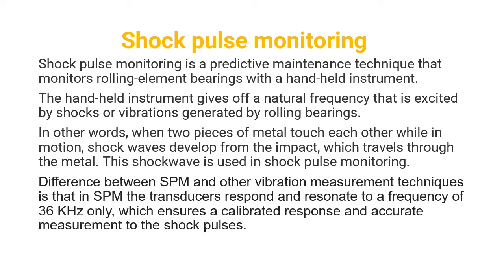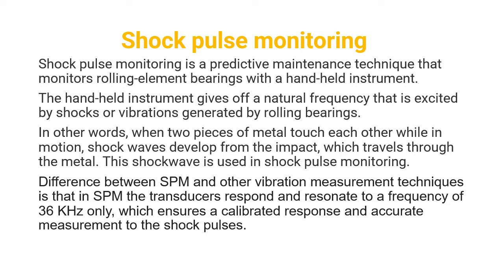In other words, when two pieces of metal touch each other while in motion, shock waves are developed from the impact, which travel through the metal, and this shock wave is used for shock pulse monitoring.